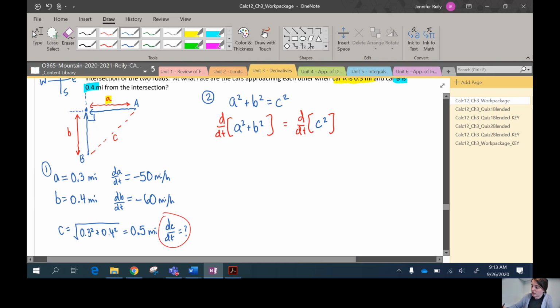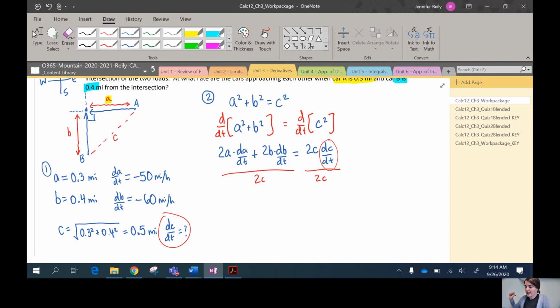Okay, so the derivative of A squared would be 2A, so power rule, times dA dt. Derivative of B squared with respect to time is 2B times dB dt. And similarly for C squared, you get 2C dC dt. Okay, and I now need to solve for dC dt. So I'm going to divide both sides by 2C.